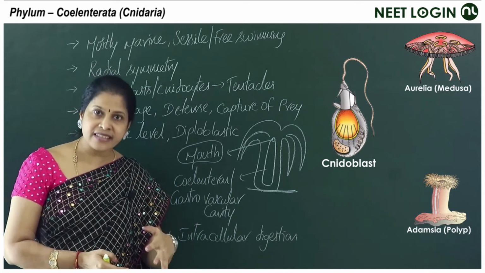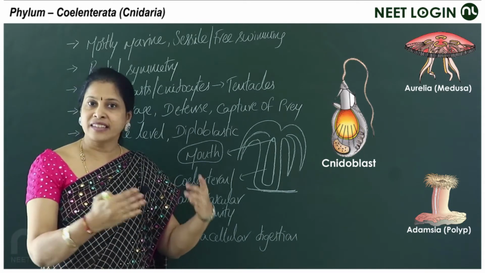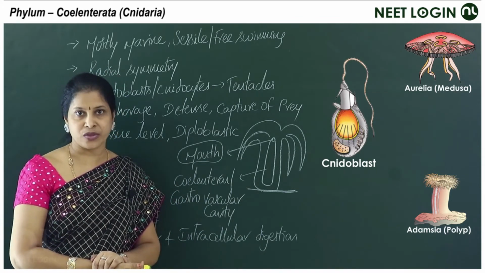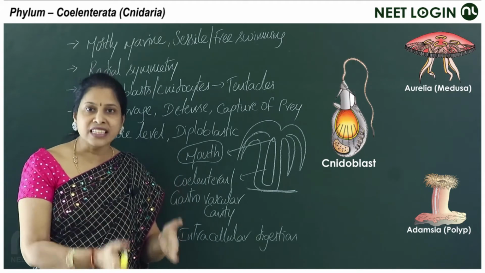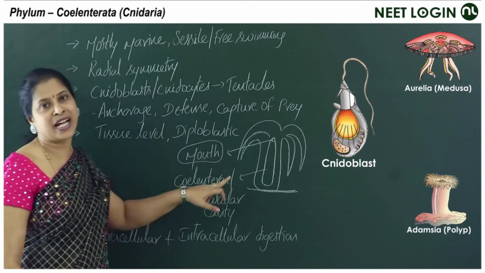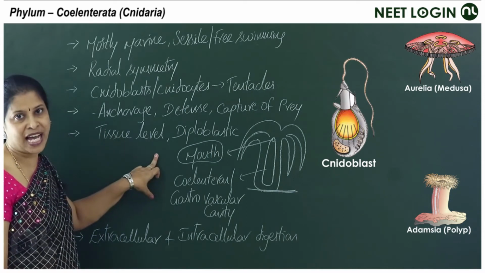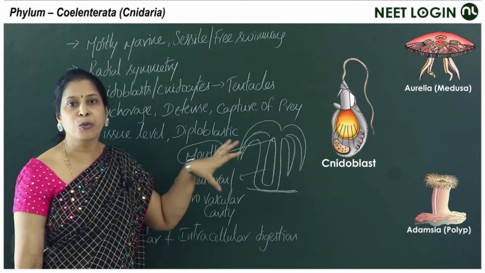Though their body is constructed with many cells, there we mentioned the cells are not organized into tissues, but tissues are seen for the first time in the phylum Cnidaria. So, they exhibit tissue level of organization and they are diploblastic.